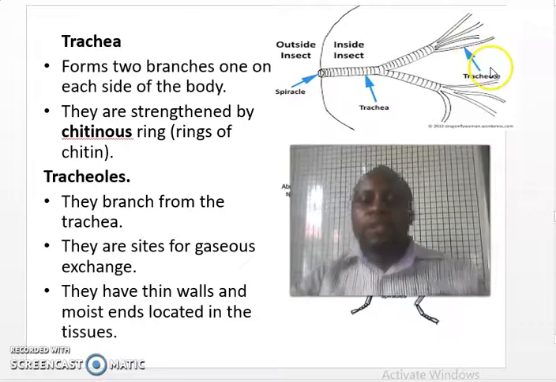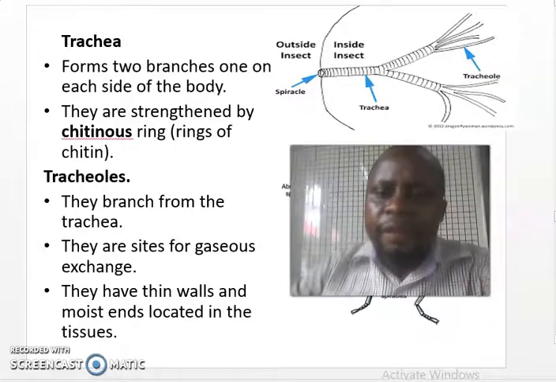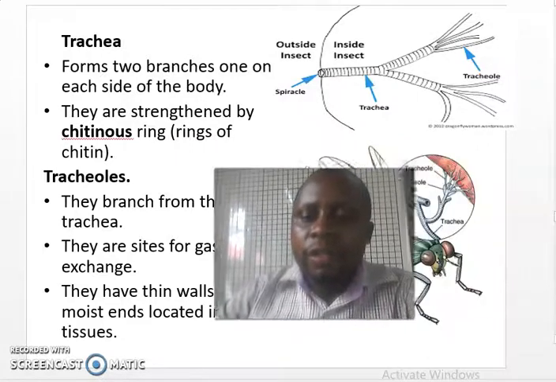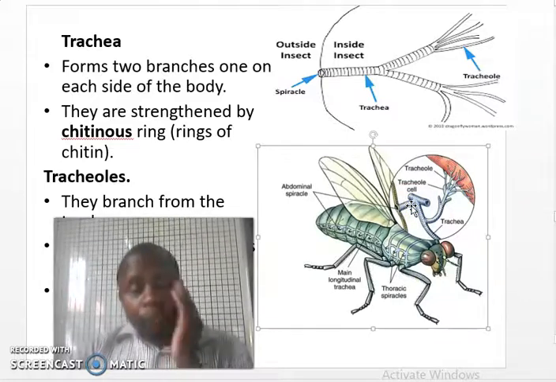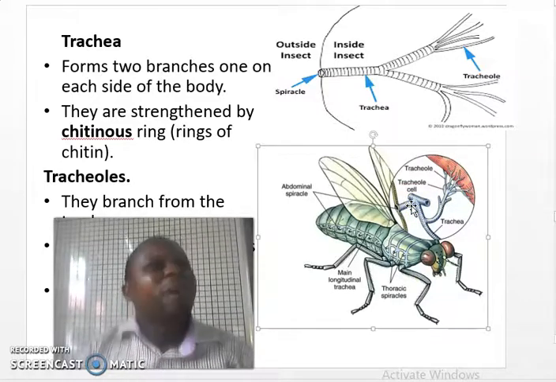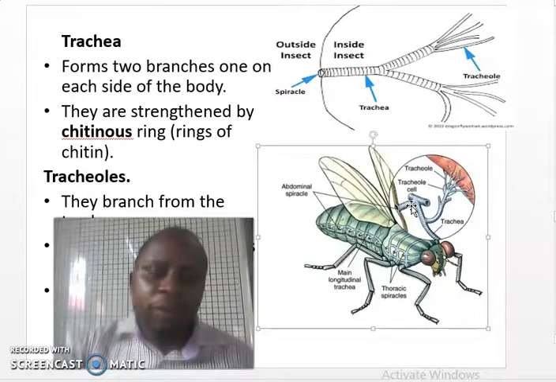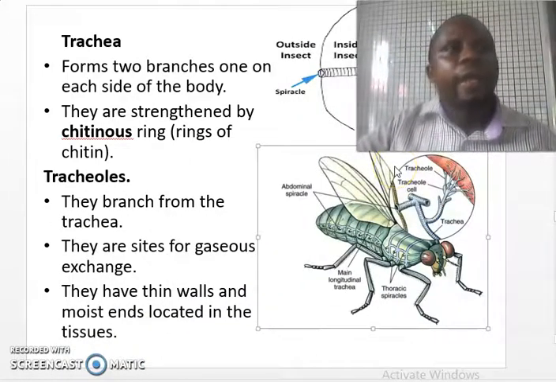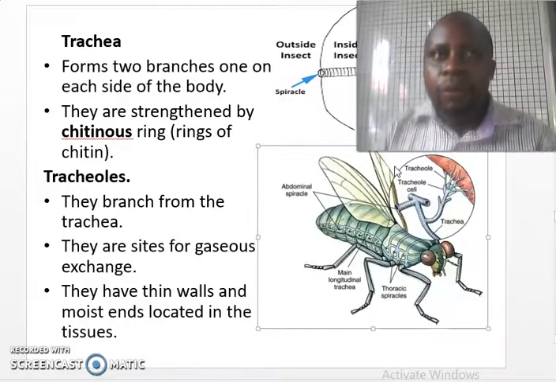So these are the various structures of the tracheal system of insects. Are you able to see it here? Now, the question is, how do insects breathe? We shall go back to the video again. We look at it and then we understand how the insects breathe in and out.